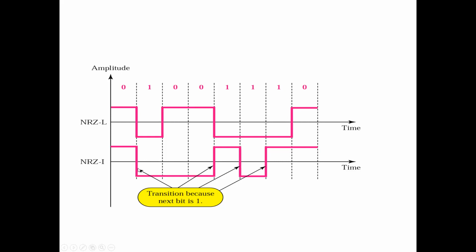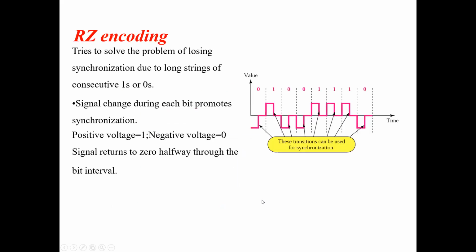Here again it returns from 1 to 0, because the next bit is 1, so it returns to the 0 state. Again 1, then again returning to 0. Like this we can represent the signal.